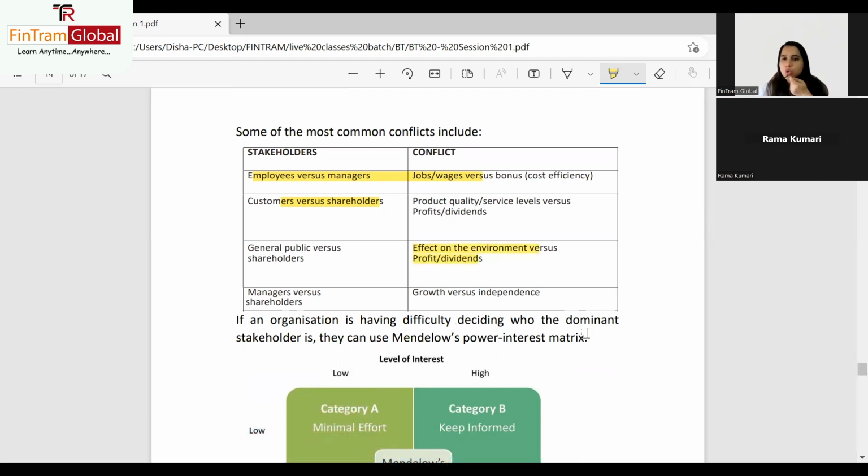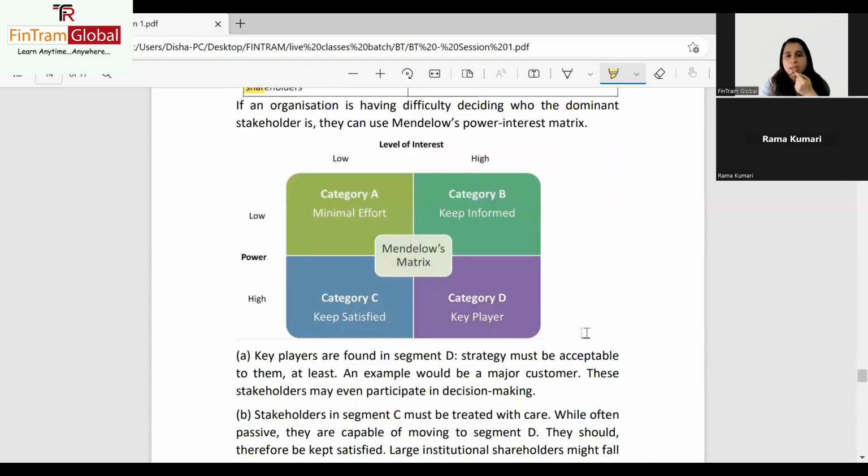Again, shareholders are going to be concerned with the profits and dividends, but the general public might be worried about the environment where you're working. Then there's managers versus shareholders, whose conflict is growth versus independence. Managers probably want to grow and work independently, but maybe shareholders want to see exactly what managers are doing, how their money is being utilized.